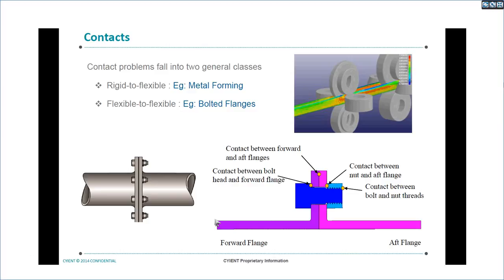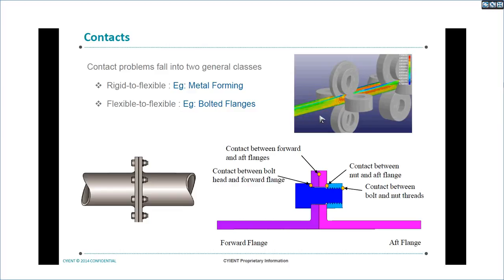Contact problems fall into two general classes: rigid to flexible and flexible to flexible. If you see here in metal forming, all the components involved in forming the metal are rigid, and the material that undergoes deformation is flexible.